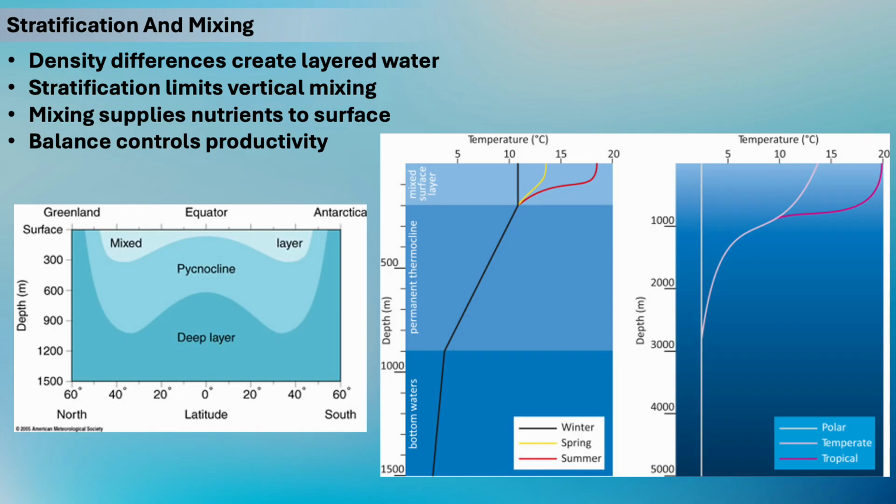This can stimulate phytoplankton growth and increase productivity. So the thermocline and pycnocline are not just physical features, they are key regulators of biological activity, controlling the extent to which nutrients can reach the sunlit surface ocean and support primary production.